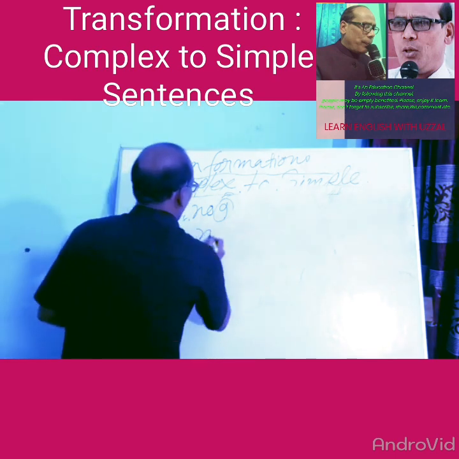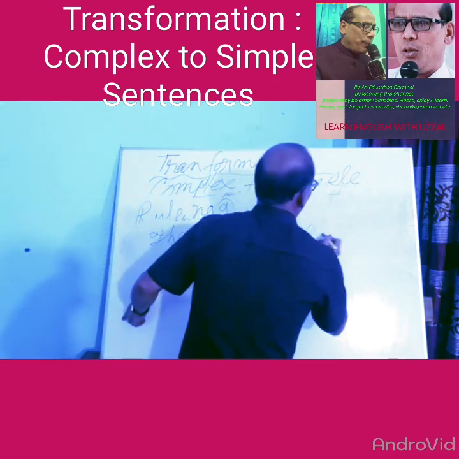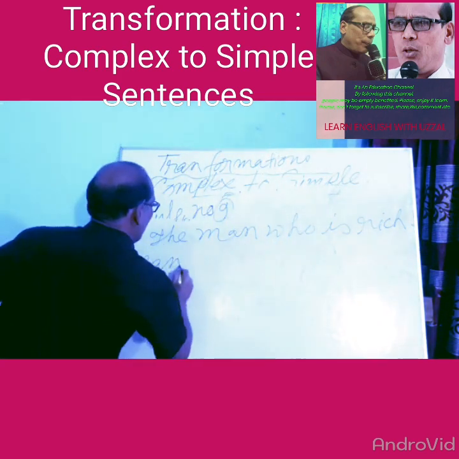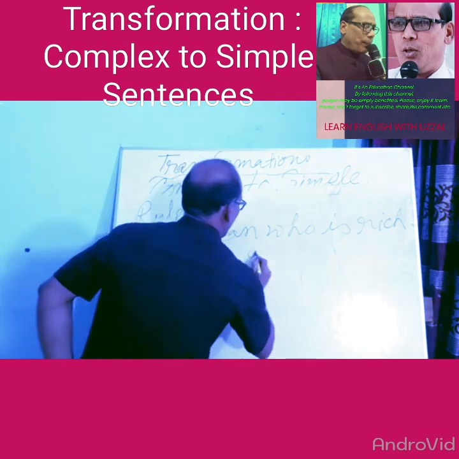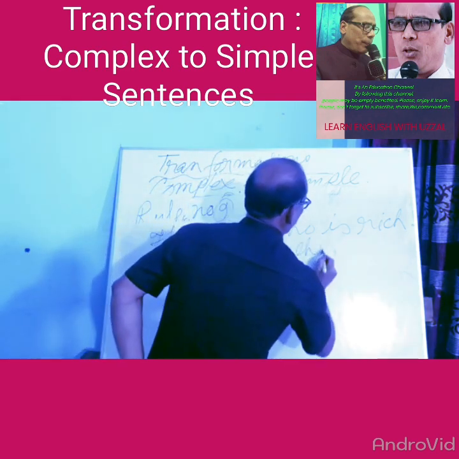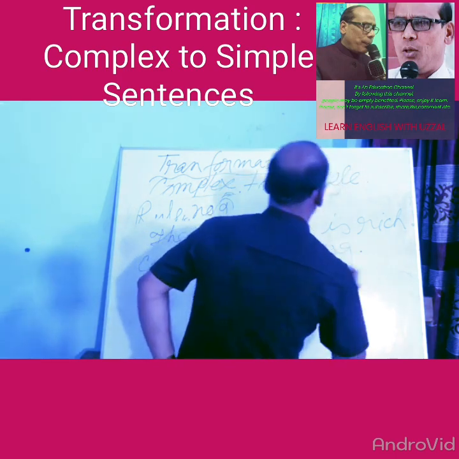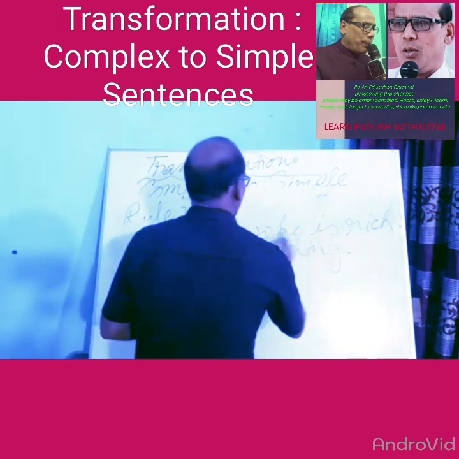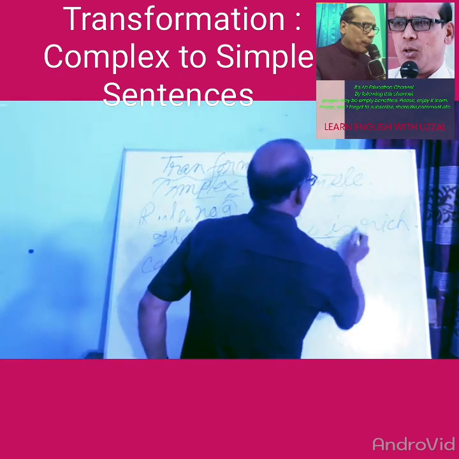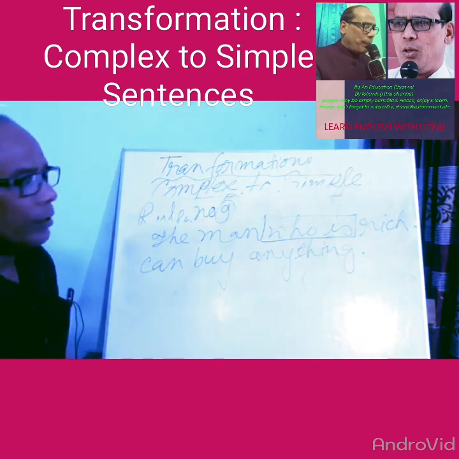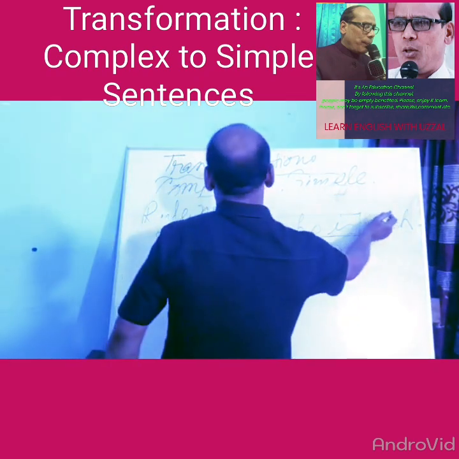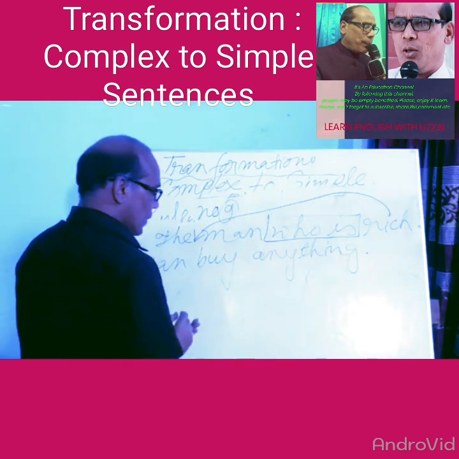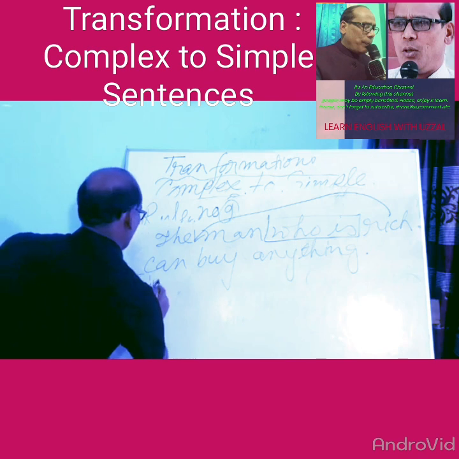So by the same rule, "who is" will be omitted and the adjective will come between the article and the noun.